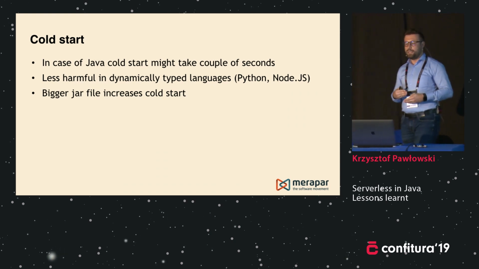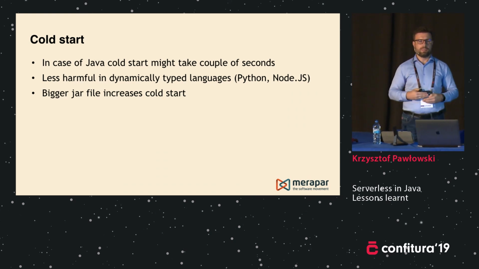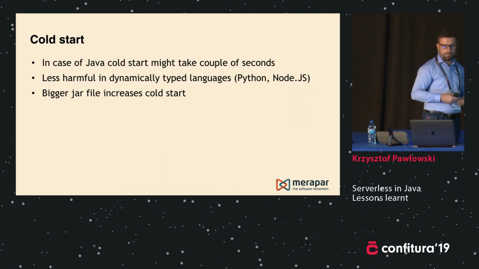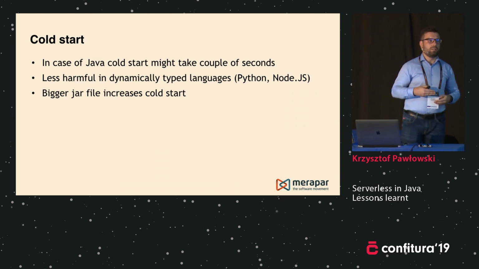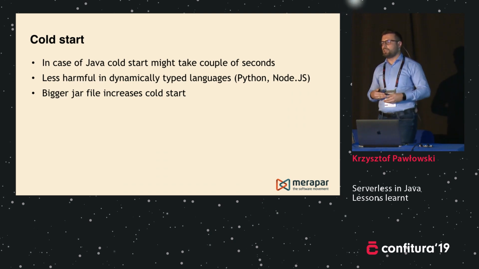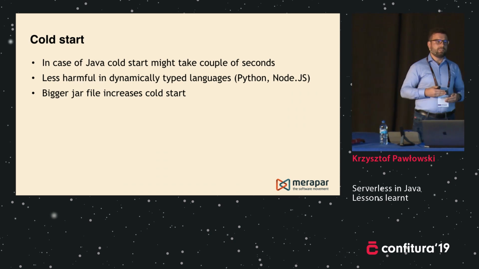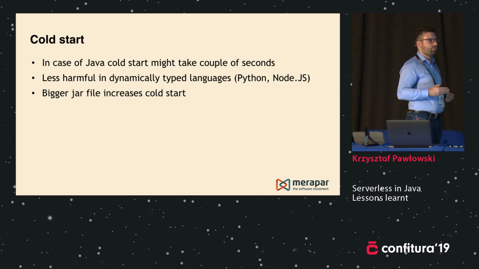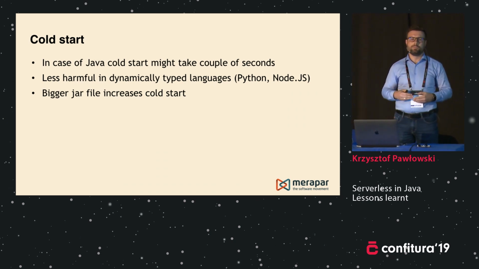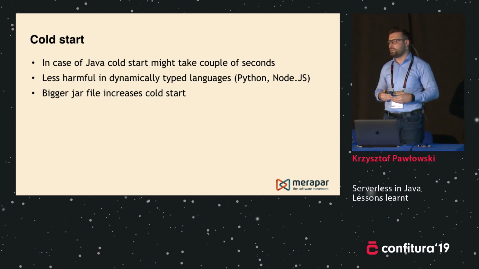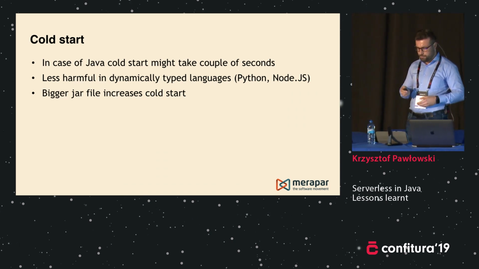So it's quite a long time, and it's not acceptable for systems that require low latency. Also, if you have a bigger jar file, then the cold start is also longer. So going back to the first lesson about which project structure we should choose, this might also have an impact on this decision, because if we split Lambda functions into small files, then we will decrease the cold start issue.